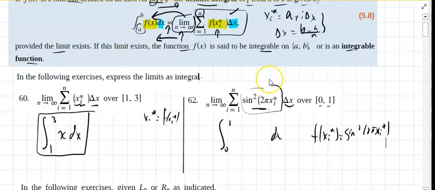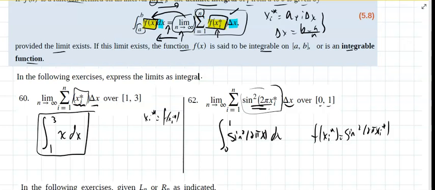And according to this, all you have to do is, this is simply f of x. So this is just f of x, which is x, and here, this is just the sine squared of 2 pi x. So the only thing you're changing is switching the x sub i star to x, and everything else you leave the same, and just write the interval from a to b. Here they're giving you that, and that's pretty much it.